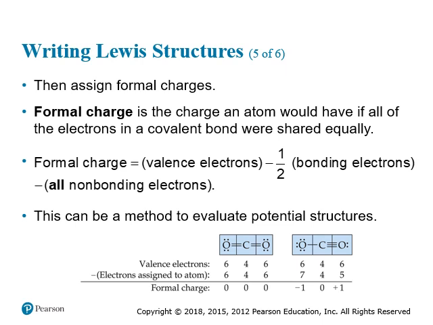Now, in calculating formal charge, we take the number of valence electrons, the total number of valence electrons associated with a free atom. We're going to subtract half of the electrons in bonding pairs and subtract all of the electrons in lone pairs or non-bonding electrons. If we do so, then we will find that the formal charge on each atom in the first illustration of carbon dioxide is minimized to 0.